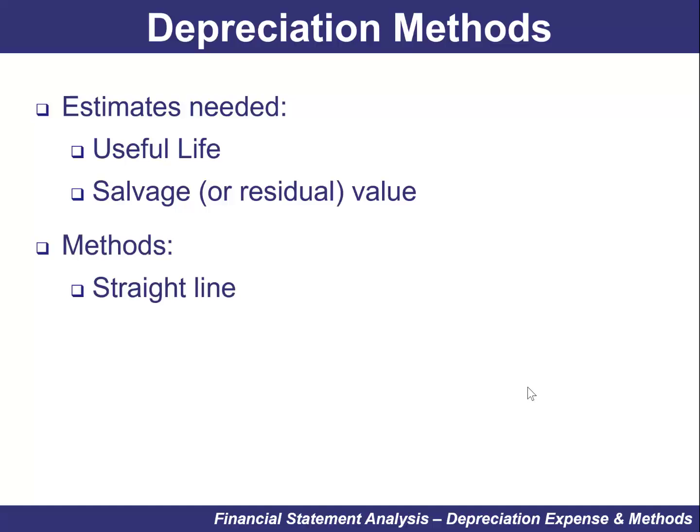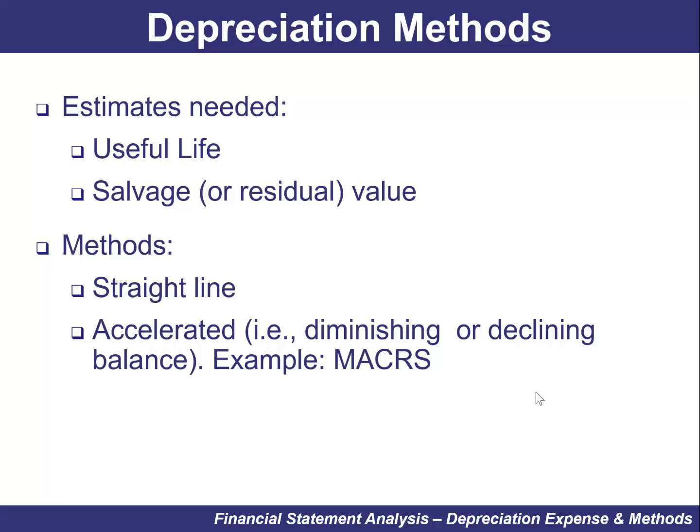Well, the first and the easiest is the straight line depreciation method. We'll get into that in a few minutes. There's also the accelerated depreciation method. Sometimes it's called the diminishing balance or the declining balance method. And MACRS, which is Modified Accelerated Cost Recovery System, which is what you use for tax accounting, is an example of this.